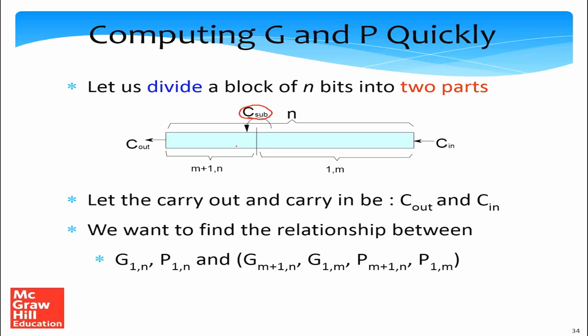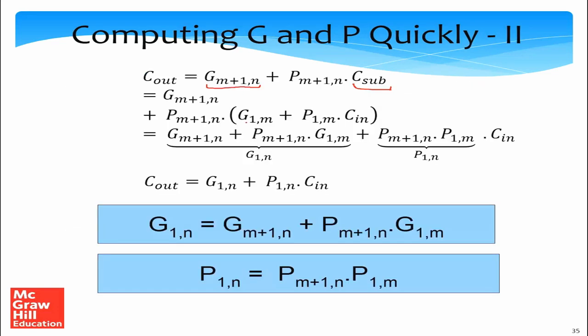C sub is basically the carry out of this other block consisting of the first m bits. So when will its carry out be true? When either it is generating a carry, g(1 to m), or it's propagating the carry input, which is p(1 to m) ANDed with carry in.